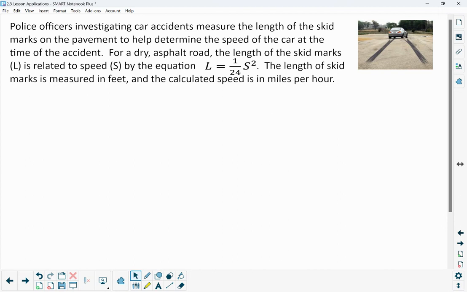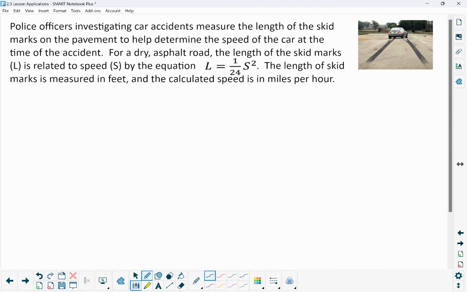But for a dry asphalt road, the length of the skid mark, which is L in our equation, is related to the speed of the car, which is S in our equation. By the equation, L is equal to 1/24 of the speed squared. The length of the skid marks is measured in feet here, and the speed is calculated in miles per hour. So the 1/24 is kind of a unit conversion factor if you've taken chemistry or physics.